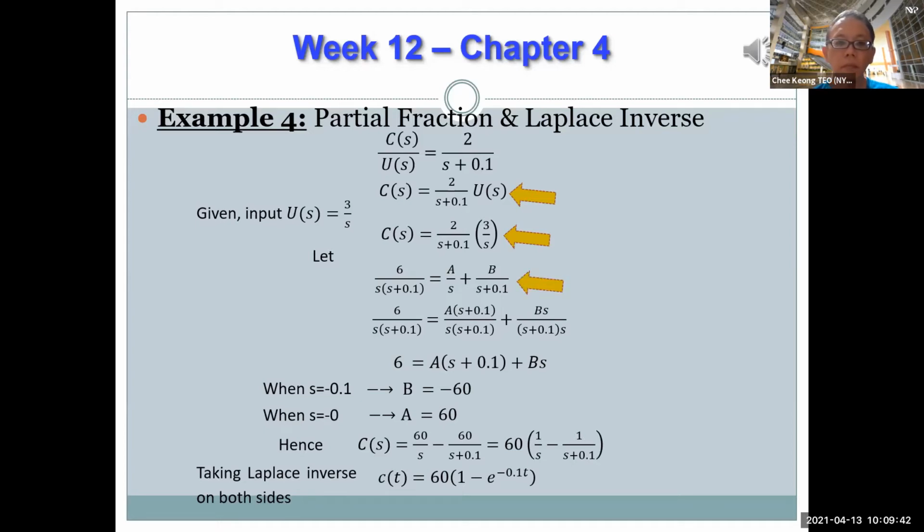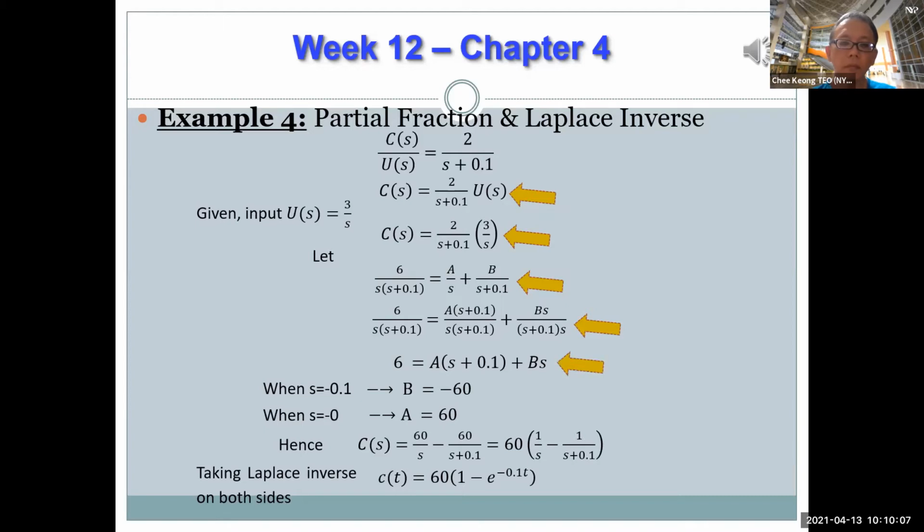Next we need to do a partial fraction by letting 6 over s bracket s plus 0.1 equal A over s plus B over s plus 0.1. Rewriting the next steps by making all denominators equal to s bracket s plus 0.1, the numerator will change accordingly to maintain the same expression.